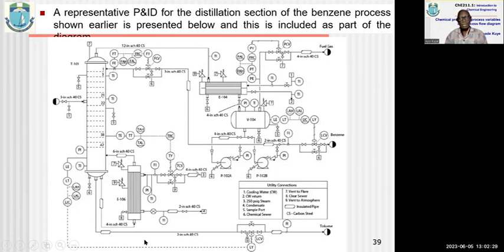You can see the reboiler here. You can see the condenser at the top. But like I said, just have a feel of it. The technical details will become obvious as you move to the higher courses. When you do separation processes, then you will be able to understand and appreciate these diagrams more.